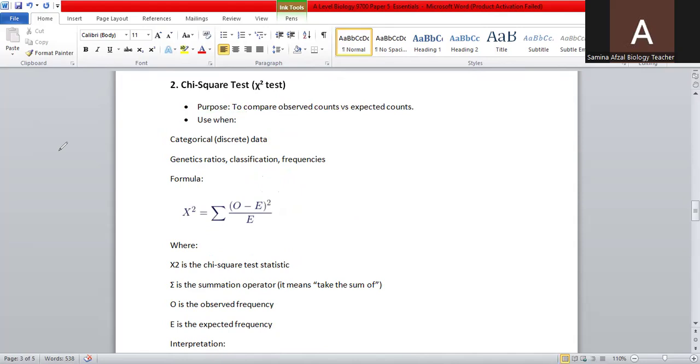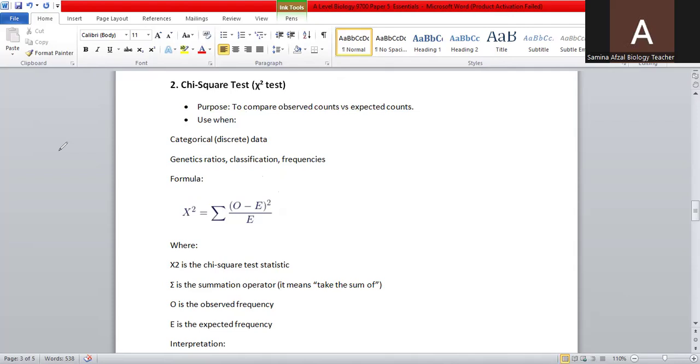When there is a difference between the expected and observed readings, we use this formula: chi-square is equal to sigma, observed minus expected, squared, divided by the expected value.